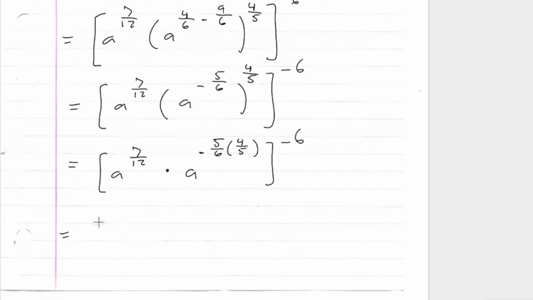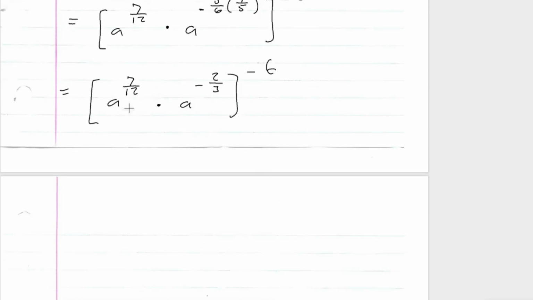And then this is equal to a to the 7 over 12 times a, so we multiply straight across. Well, actually, in this case, 5 over 5, they both have a factor of 5, so that would be 1. And then 4 over 6 is just -2/3, right? -6.